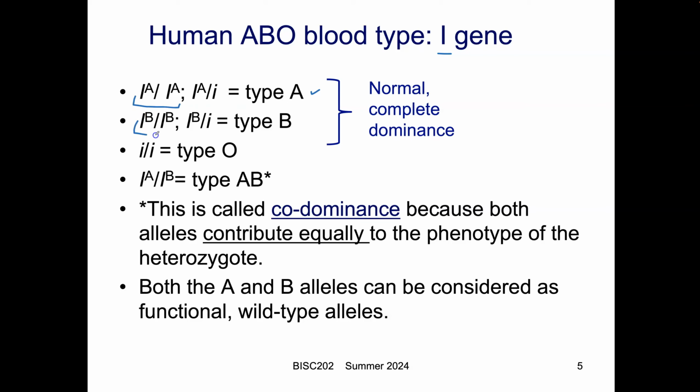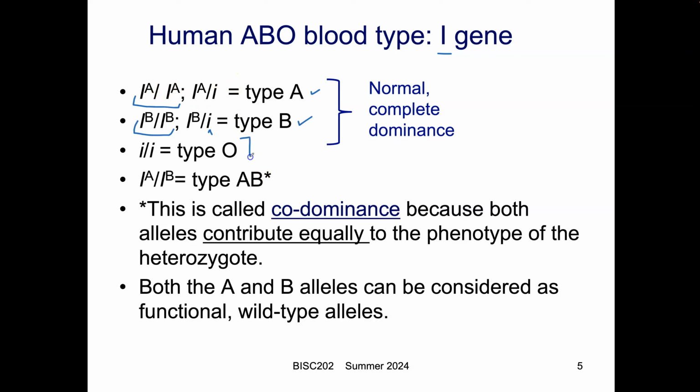Same with blood type B. You can be homozygous for the B allele, or you can be heterozygous for the B allele with the O allele. And that makes you type B. So both of these are just examples of normal complete dominance, the same kind of things that we've seen before, except the notation is just a little bit different.